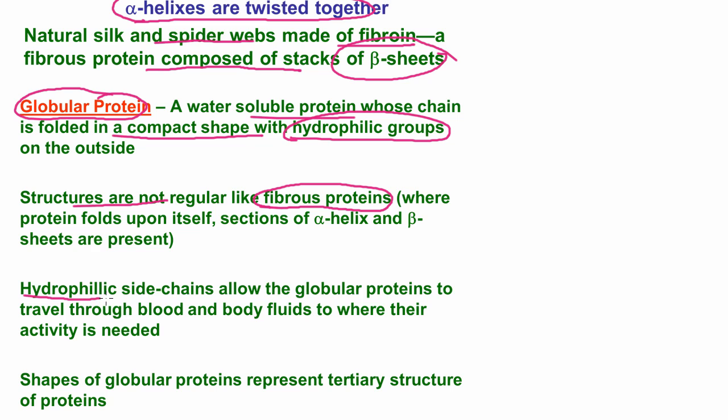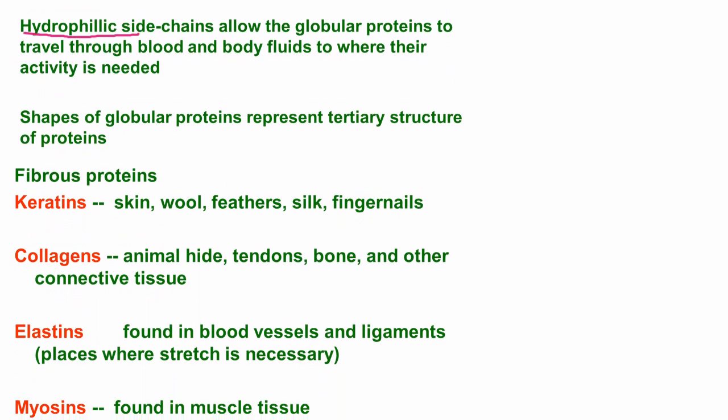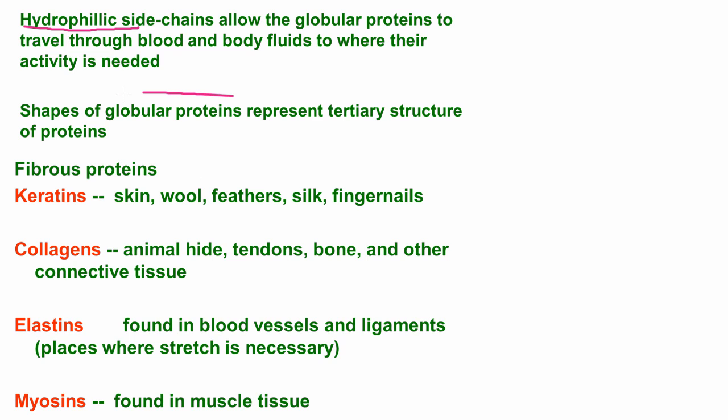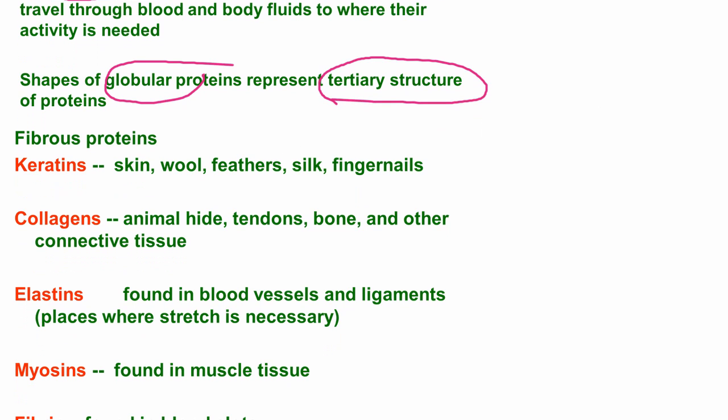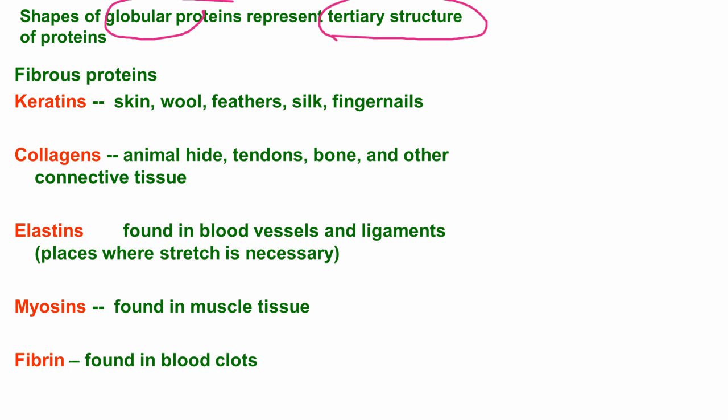We have the hydrophilic side chains. Again, they tend to be on the exterior of the protein because of the way the protein folds, and they can travel through the aqueous body fluids to where they are needed. And globular proteins represent tertiary structure, whereas fibrous proteins represent mainly secondary structure.